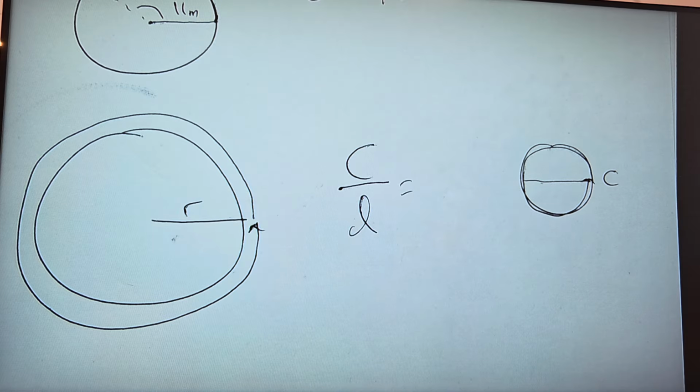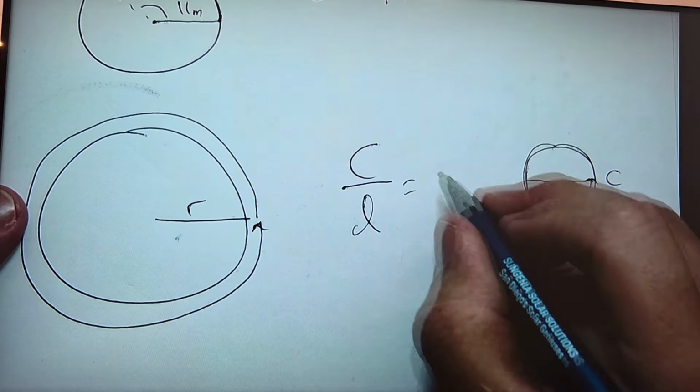I don't care how big the circle is, I don't care how small the circle is. If I measure all the way around and divide by this, I get the same number every time. That's a little freaky. So, not surprisingly, they gave it a symbol. We call it pi.